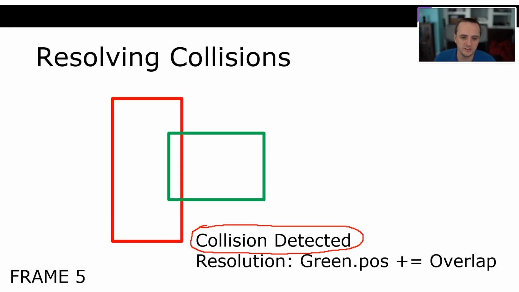Now what we said was the player should not be able to enter the tile, right? And the tile shouldn't move. This is an immovable object. So in order to resolve this, we'll say, okay, now that the player has overlapped with the tile, we're going to push the player back to the right by its overlap.